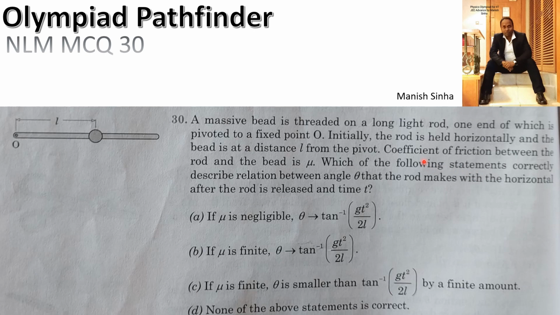Coefficient of friction between the rod and the bead is mu. Which of the following statements correctly describe the relation between the angle theta that the rod makes with the horizontal after the rod is released and the time elapsed is t, meaning in t time, when it comes somewhere here, it is making an angle theta.